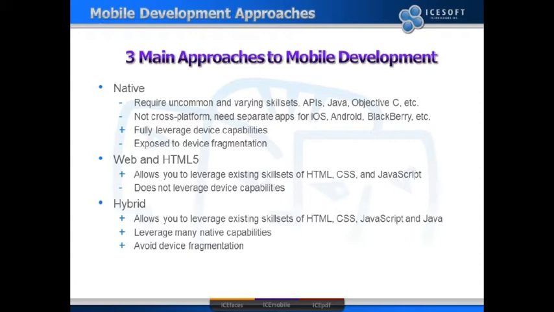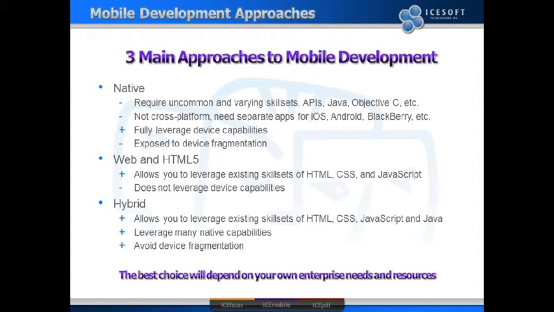Now, the other very nice aspect of hybrid that you might want to consider is that you can avoid device and API fragmentation issues. The big promise here is that you can support multiple platforms with a single code base, and that's very appealing to a lot of people. The best choice in the end between native, web, or hybrid obviously is going to depend on your own needs.